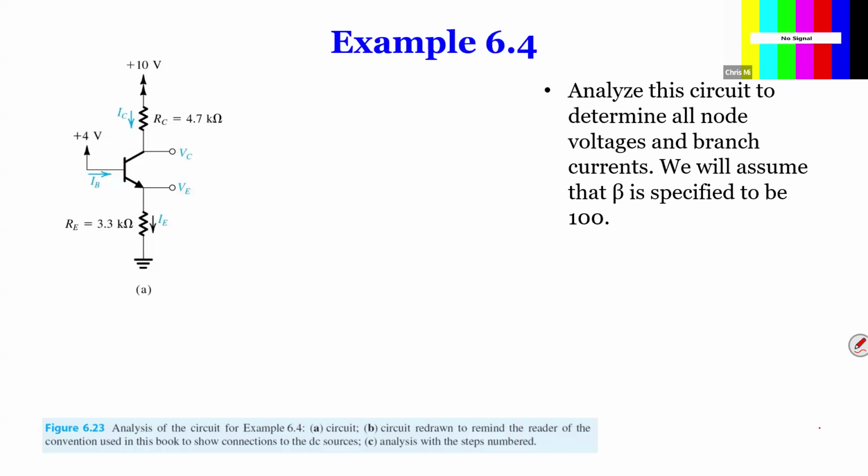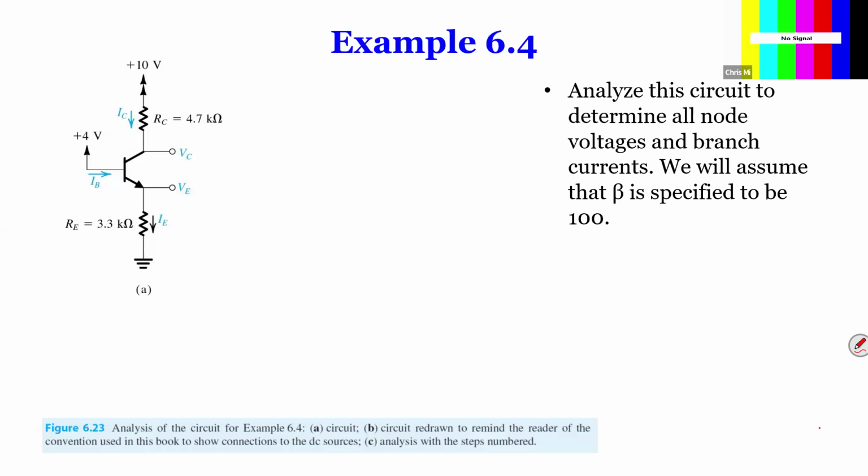Now, first of all, this circuit is not in cutoff. In this class, we always make sure it's not in cutoff, but sometimes we will ask you whether it's in cutoff or not. In this case, it's not in cutoff. Why? Because if it is in cutoff, IE will be 0. If IE is 0, then how much is VE? 0.